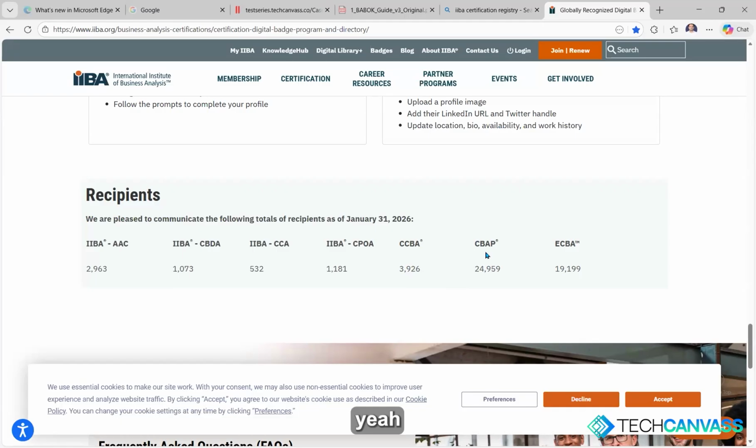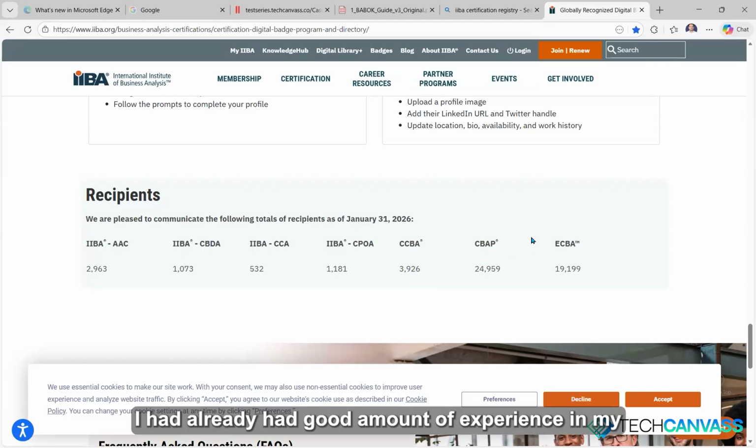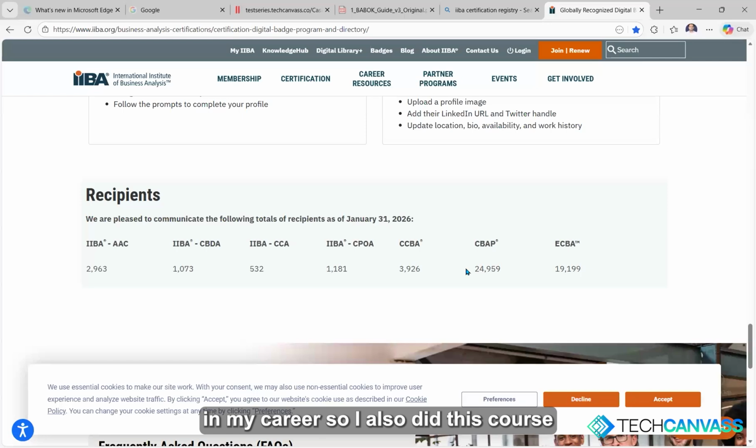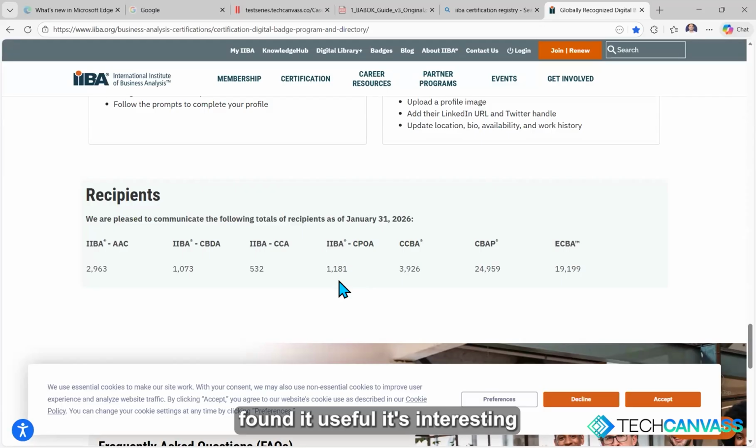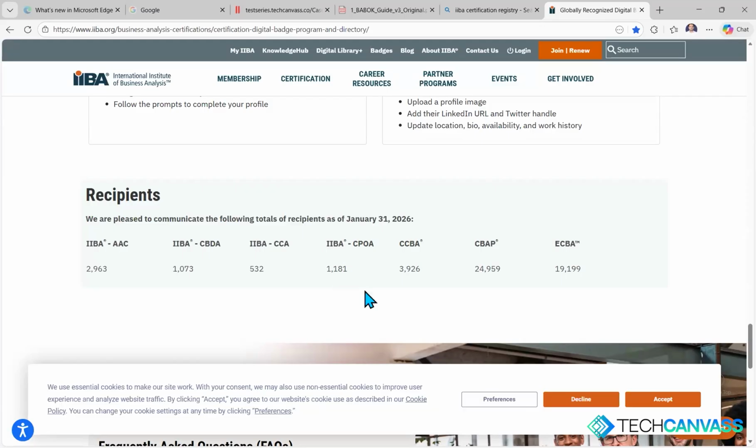But by that time, I already had a good amount of experience in my career. So I also did this certification, CPOA for product ownership. Found it useful. It's interesting.